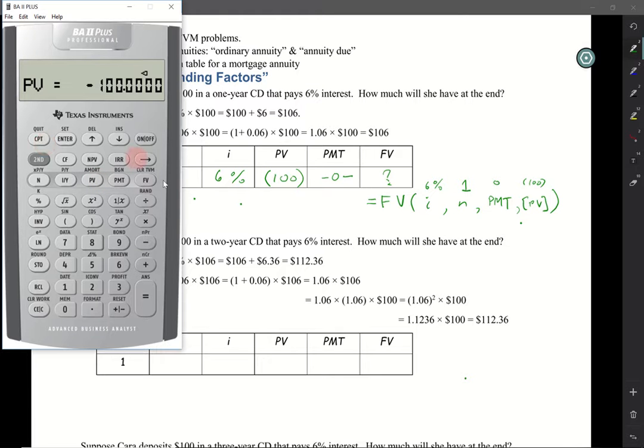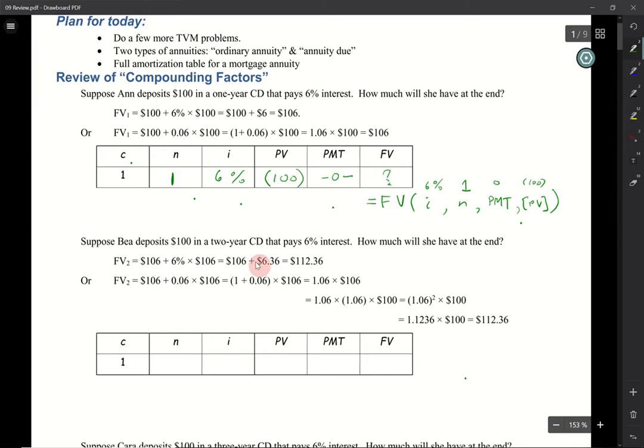If we put in negative for present value, that means that we deposited it, then in 1 year we have a plus. So negative was in the beginning, where we're depositing it. The cash is leaving us, and then in the future, the cash flow is coming to us because we receive it back. So that's how you do it in the calculator, okay?